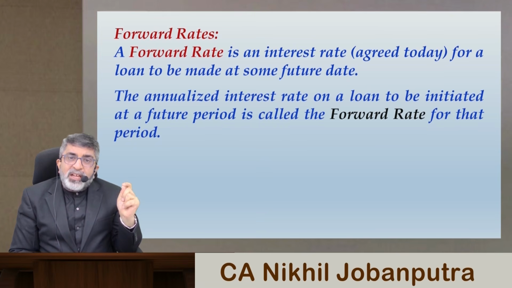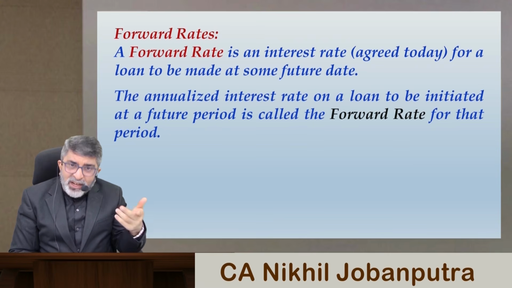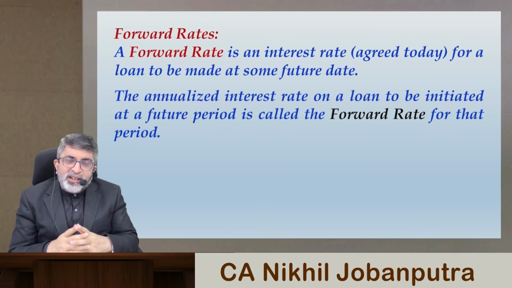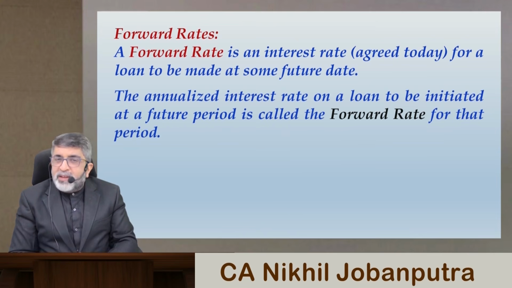T will be the number of years, or you can even write it as 1 plus i raised to n, where i indicates the annual interest rate and n is the number of years. It all depends on which variable you are comfortable using, okay. But the most important thing is that the conceptual understanding should be very clear.